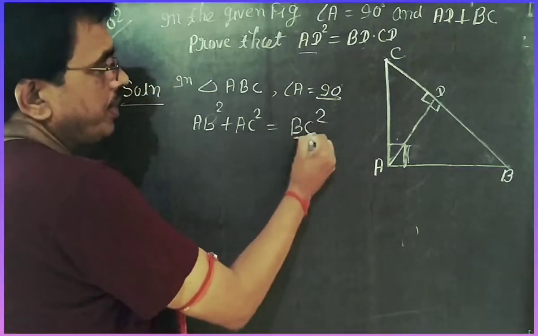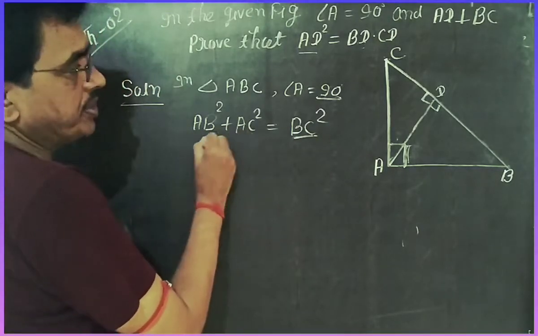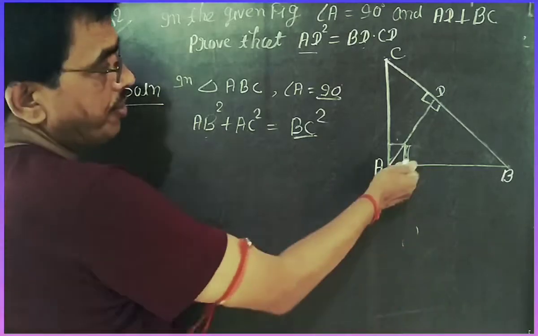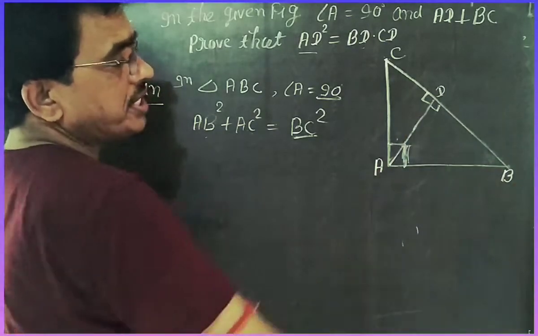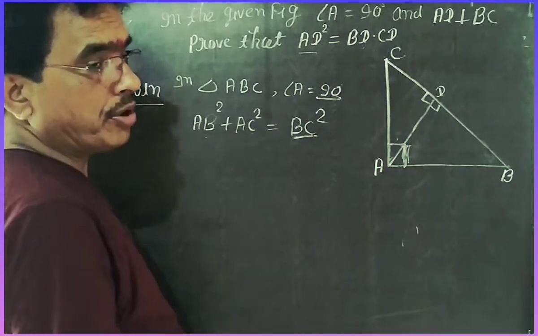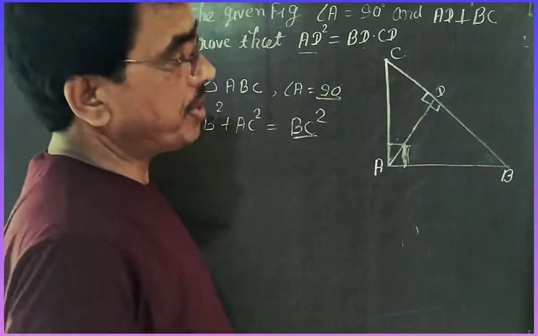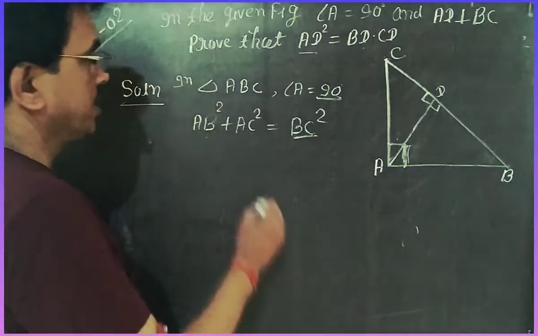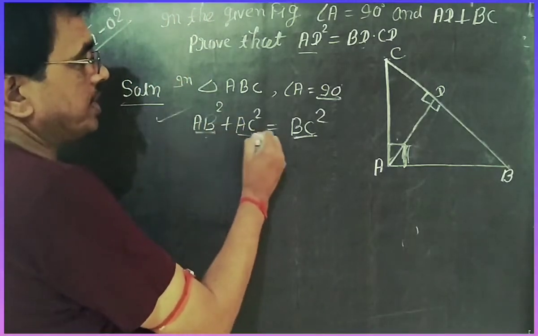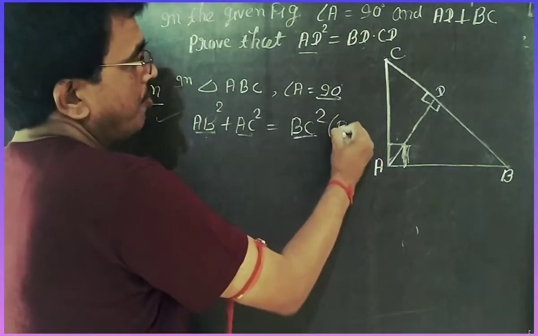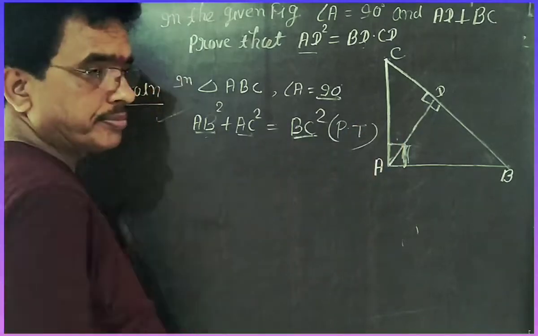The square of the hypotenuse is equal to the sum of the squares of the other two sides. In your figure, A is 90, so BC is the hypotenuse. In the Pythagoras theorem, if angle B is 90, then AC is the hypotenuse. But here BC is the hypotenuse. So we write here AB square plus AC square is equal to BC square by Pythagoras theorem.